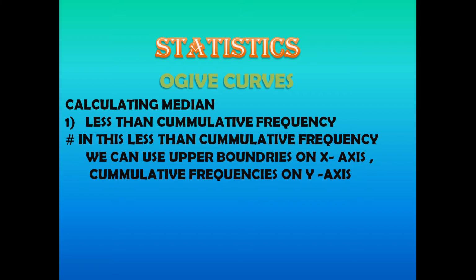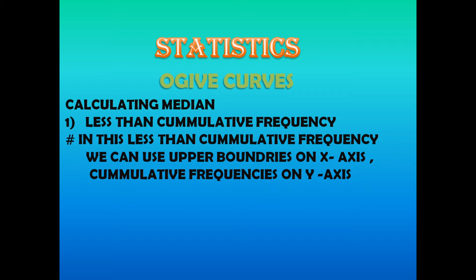By using Ogee curves, we can easily identify the given data. We can find out the median without any calculations, without any tabulation forms, and without applying the formulas like previously. So children, you can understand this concept very easily.